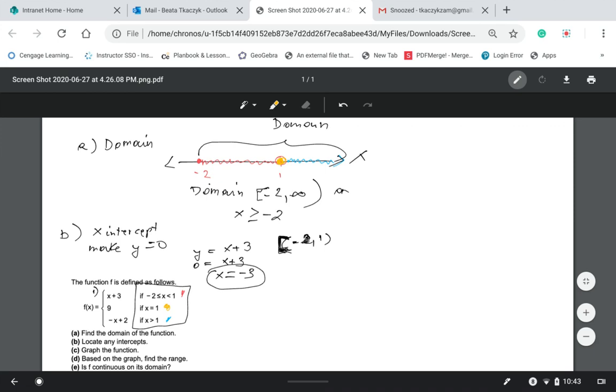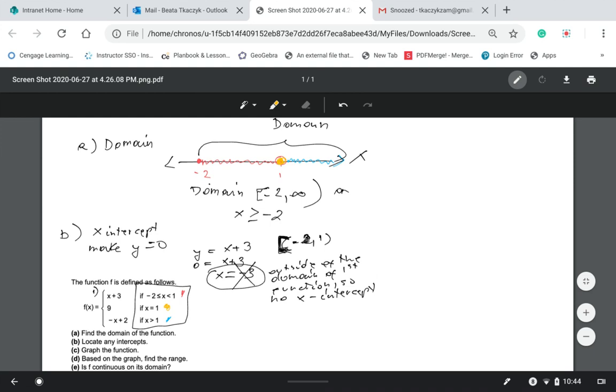So x equal -3 is outside of the domain of the first function. So no x-intercept, so we're going to ignore that.